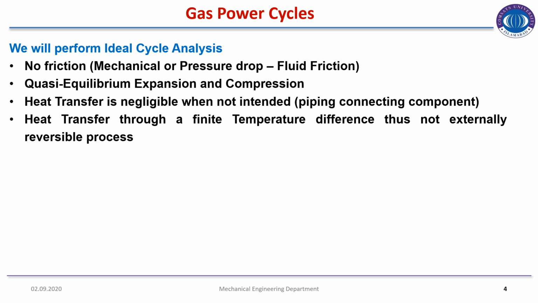In fluid friction there is no pressure drop, and in mechanical friction there is no friction present between the piston cylinder system, and it is a quasi equilibrium expansion and compression.